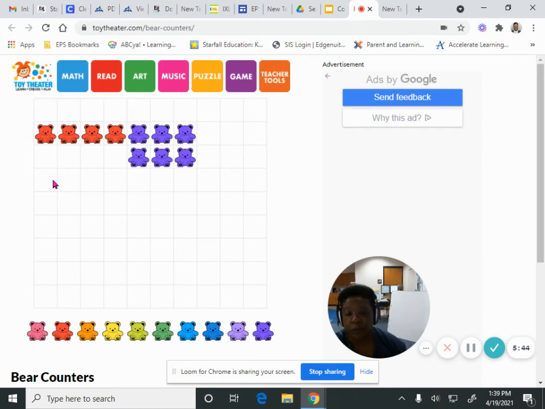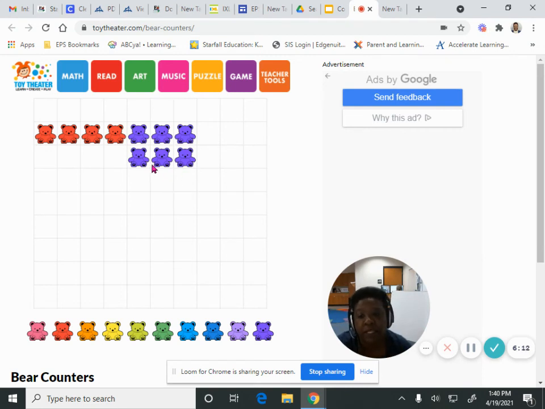So let's use our counting by twos strategy. Are you ready? 2, 4, 6, 8, 10, 12, 14, 16, 18, 20. So how many legs do our 7 animals have in our barn? 20. That's right.